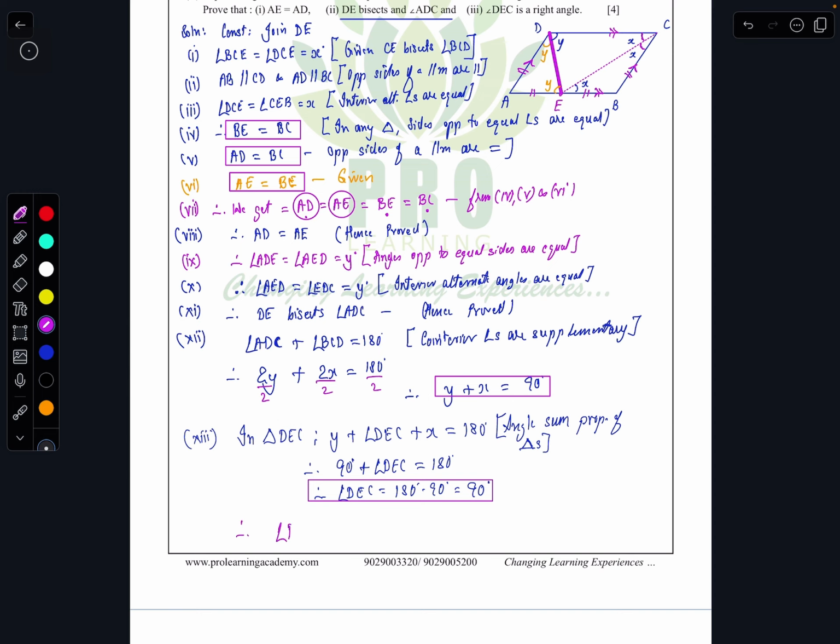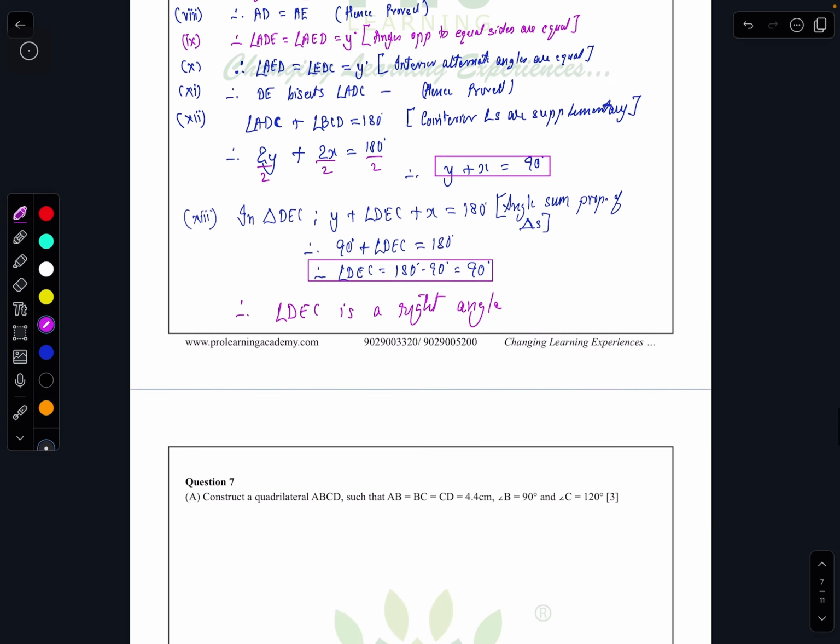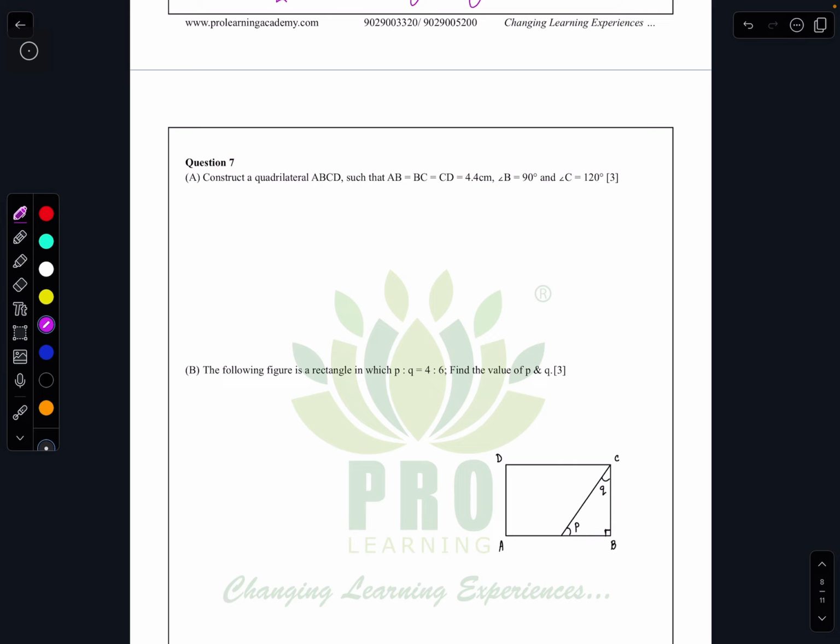Therefore, angle DEC is a right angle. So for all word problems, an answer statement is a must. So we have done this part here. So now we are required to do a bit of construction as well. So for construction, we will have to use some third party application.